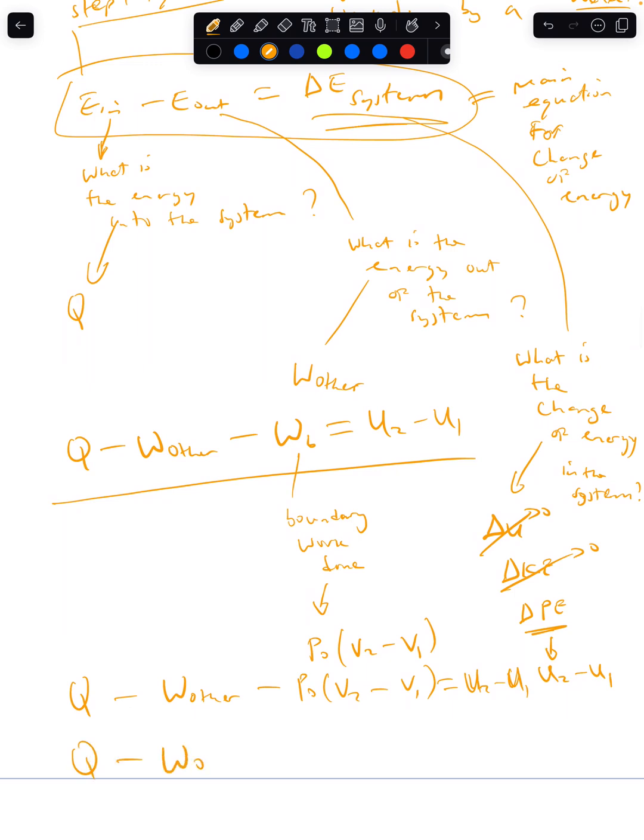And I will say that heat minus other work is equal to U2 plus P2 V2 minus U1 plus P1 V1.